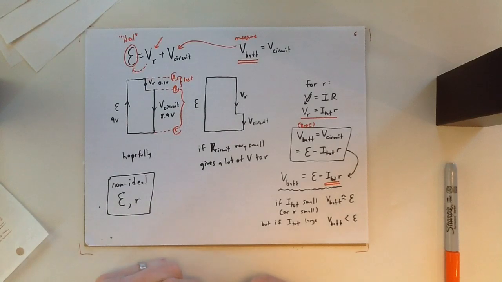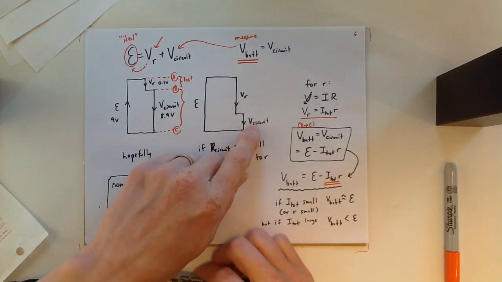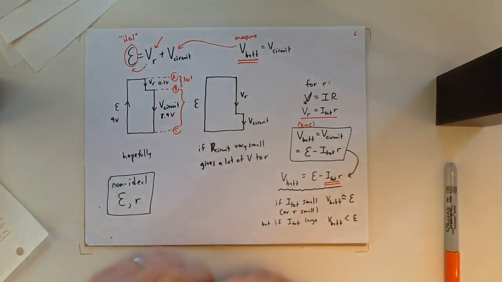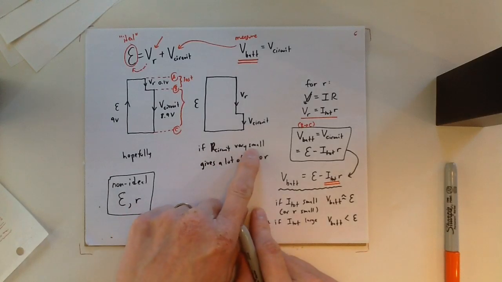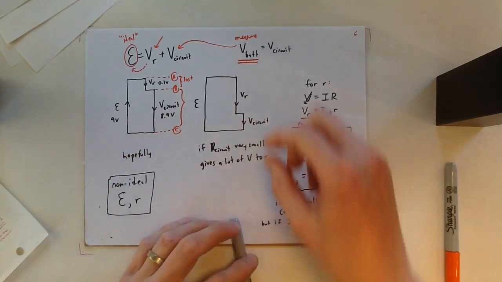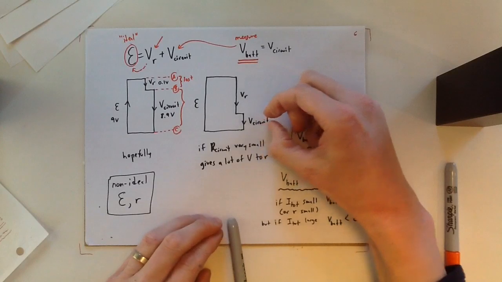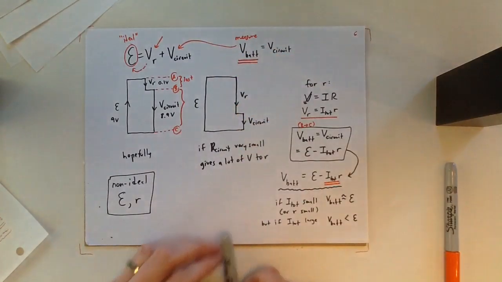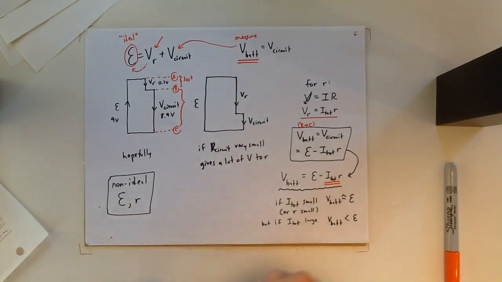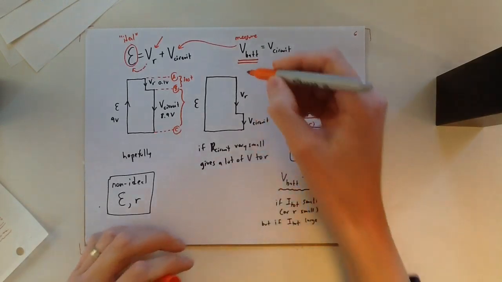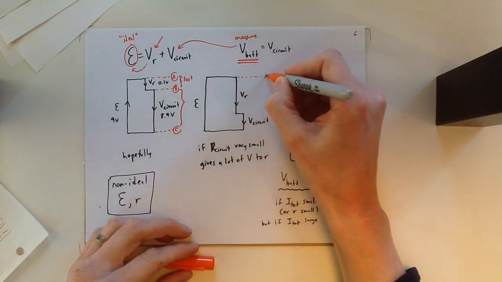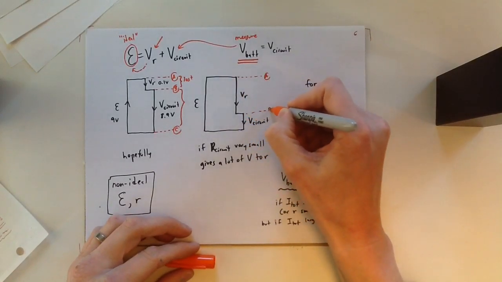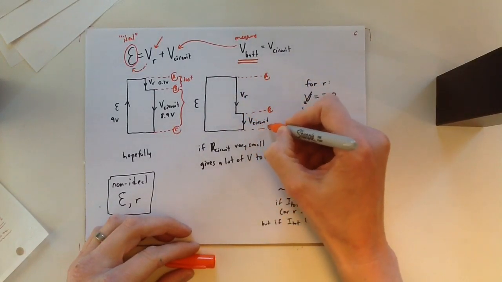However, remember that if we take our circuit, and our circuit has a very, very small resistance, then it's going to give up a lot of voltage, and it's going to give a lot to the internal resistance. So that would be a scenario where you are really dropping most of your voltage across the internal resistance. So for example, let me label these equipotentials again.